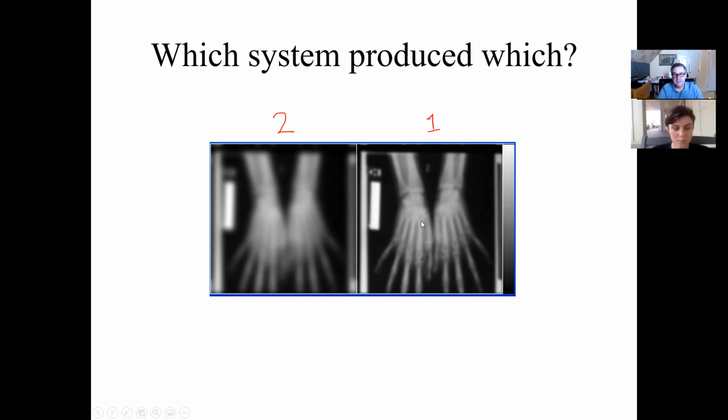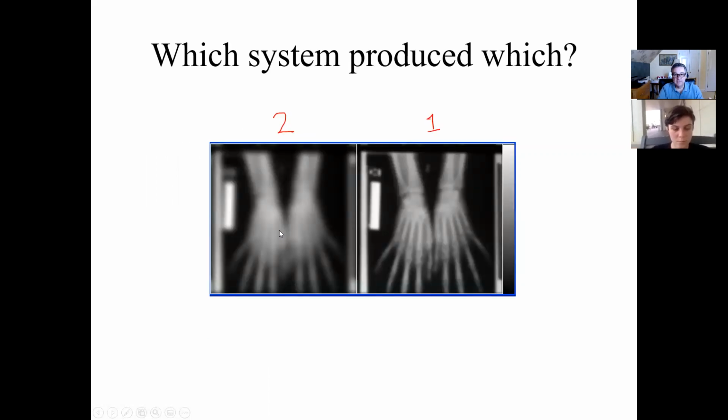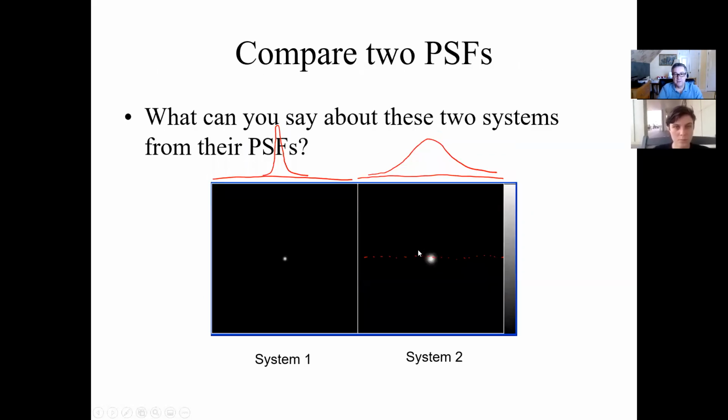System 1 would correspond to this output, versus system 2, which has more blurring, less detail, and would correspond to the wider point spread function. So the point spread function is one way of talking about resolution, which we're going to discuss a little bit more later today.